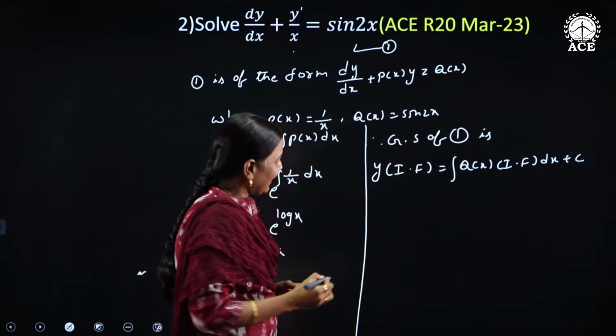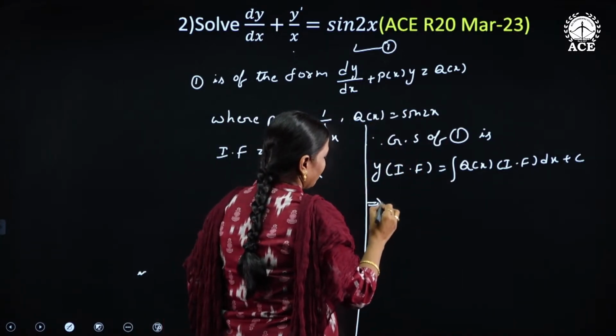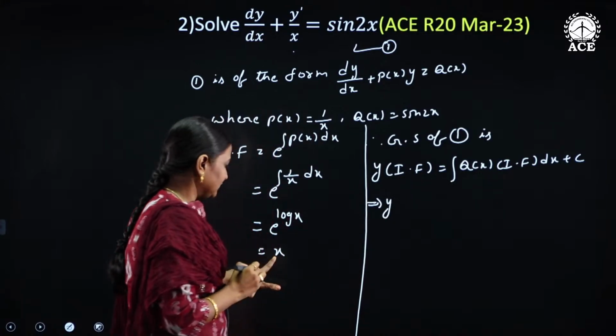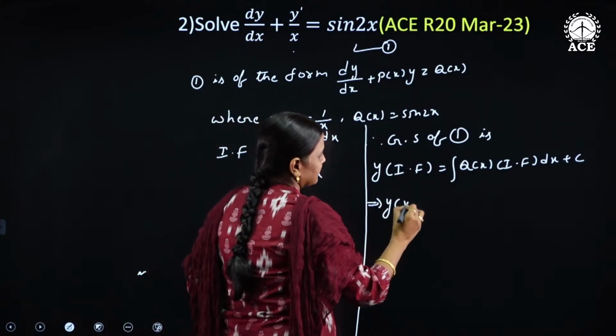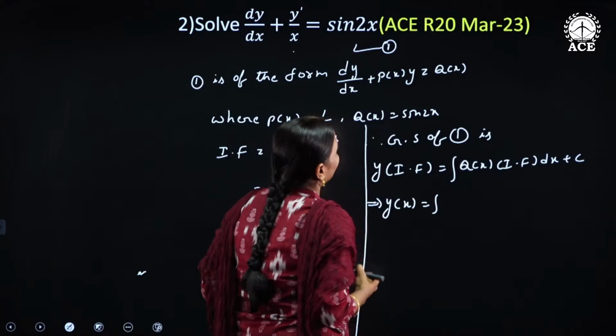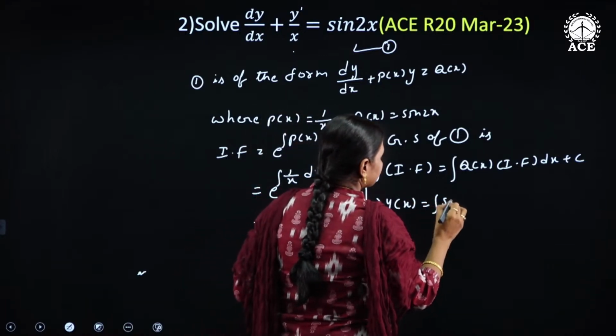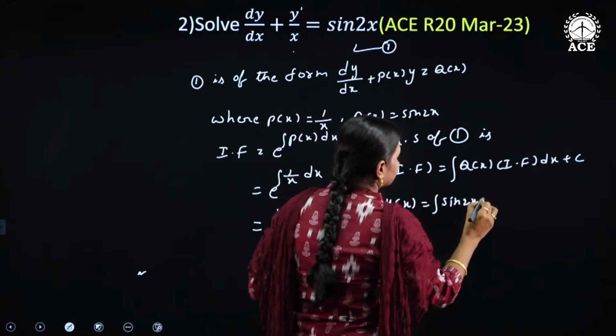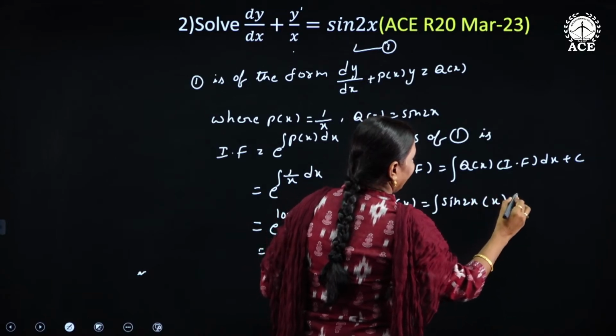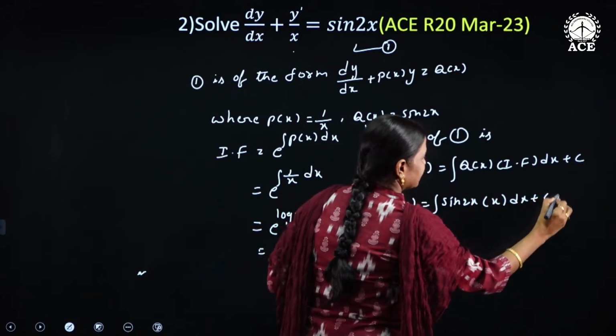Now substitute the values. That implies y into x is equal to integration of sin 2x into x dx plus c.